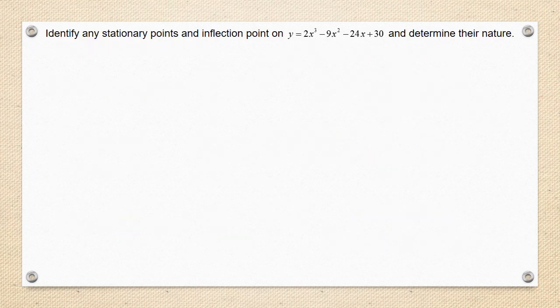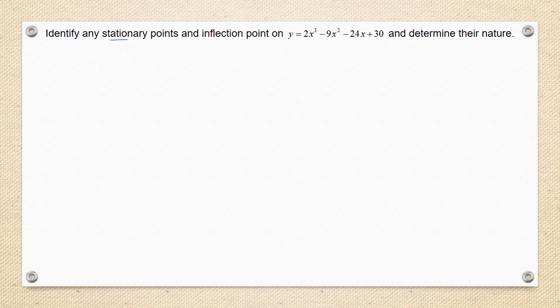Okay, now let's take a look at the example. Just now I keep on mentioning sign test, sign test, sign test. You must be wondering how to do a sign test. Let's say the exam question sounds something like this: identify any stationary points and inflection points on this equation and determine their nature.